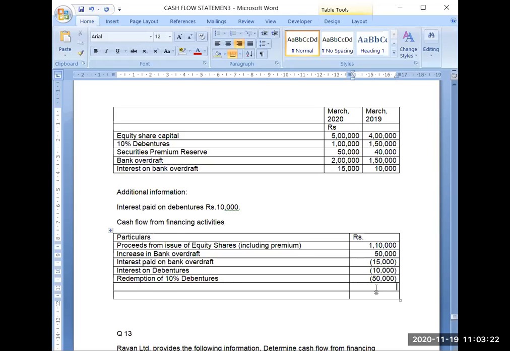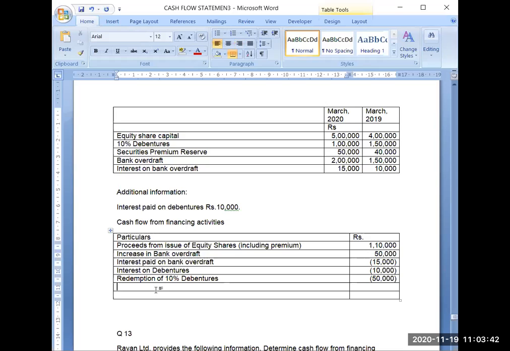Now all the information is used. We can calculate the cash flow from financing activity. First we have to check the total. The total of inflow is 1,60,000 and the total of outflow is 75,000.